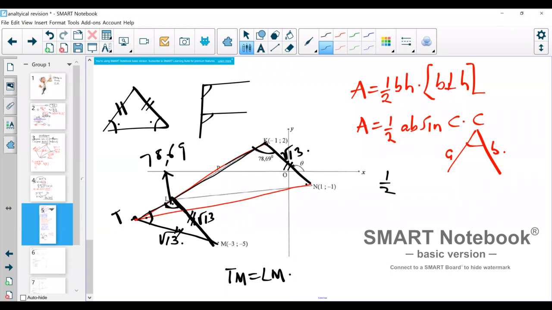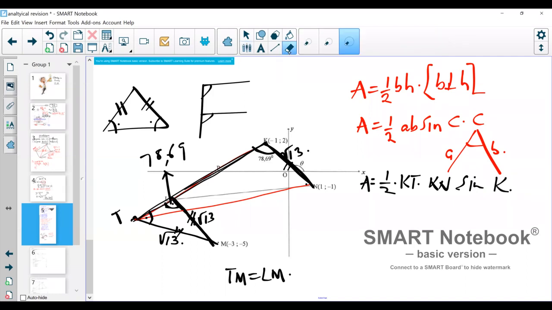I know this side. I know if I can get these two sides and the angle between the two sides, then its area will be equal to half the length of the whole side, KT, times the length of the side, KN, which I already know, and the angle between them, sine K. So that's why I'm going through the stress of dealing with that stuff there.